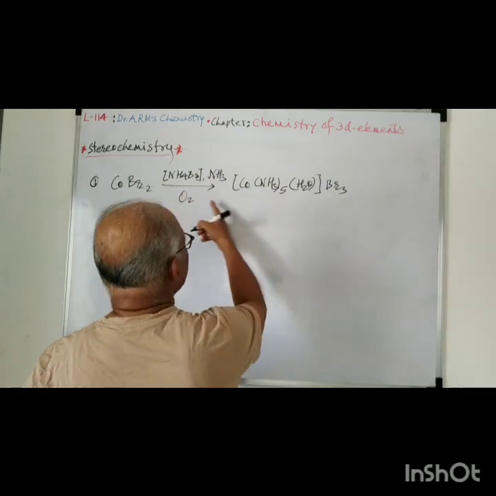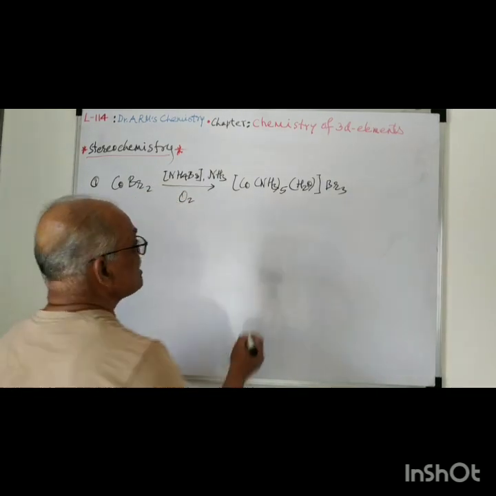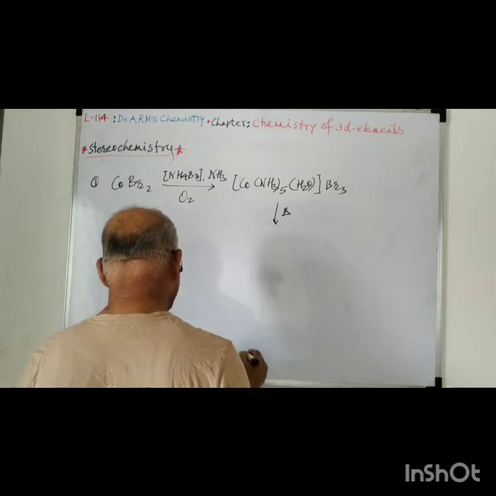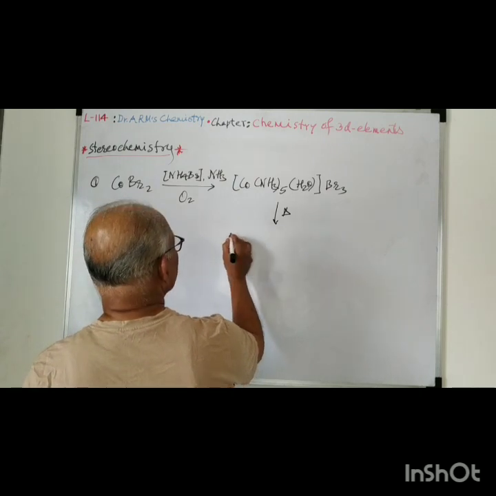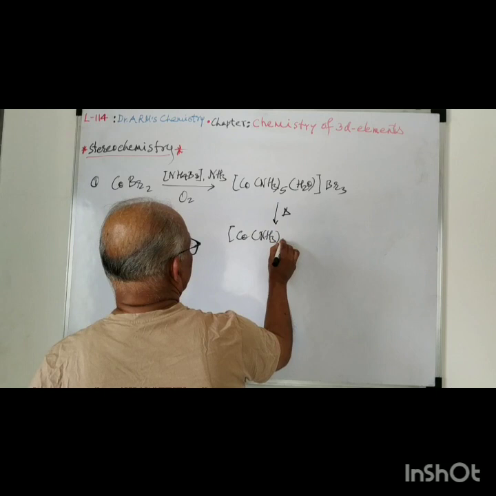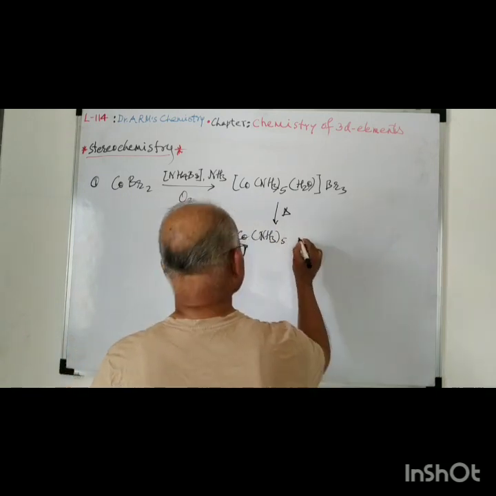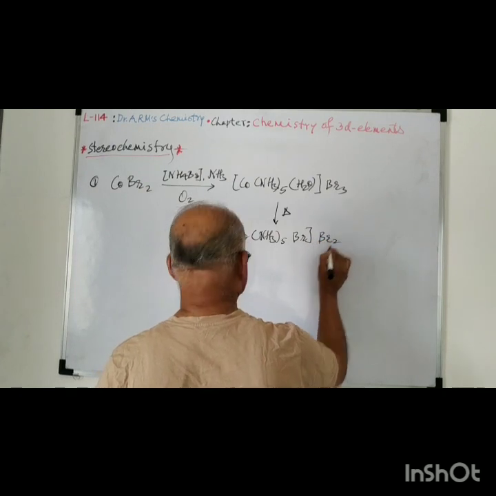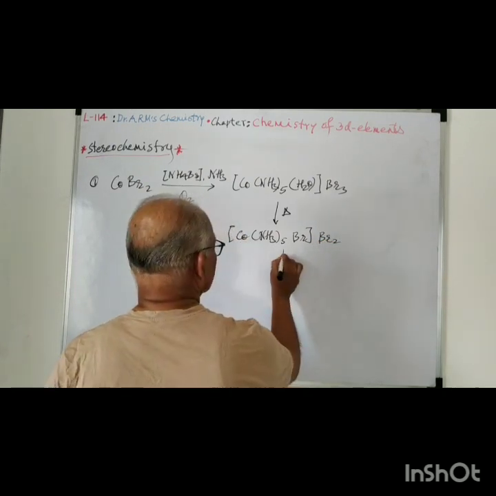So the complex formation takes place in this way. Now when it is heated, it gives [Co(NH3)5Br]Br2.